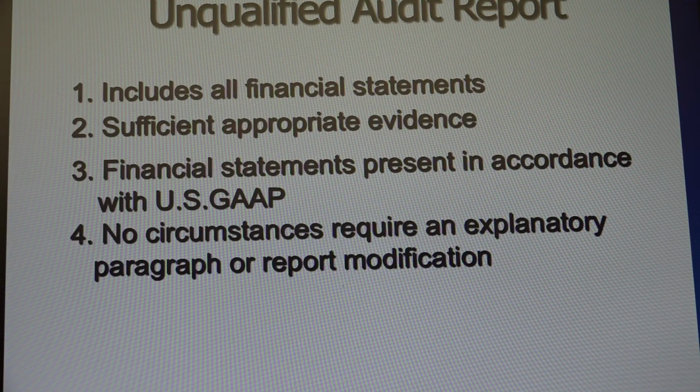The financial statement report must include all financial statements, all four financial statements. The auditor must have acquired sufficient appropriate evidence and conducted the audit in such a way that enables him or her to conclude that the audit was performed in accordance with GAAS.